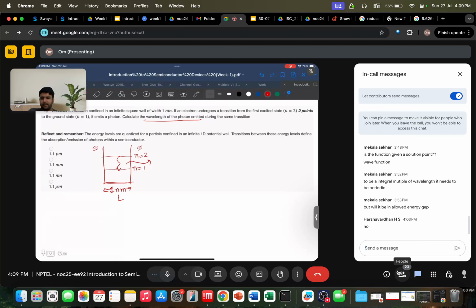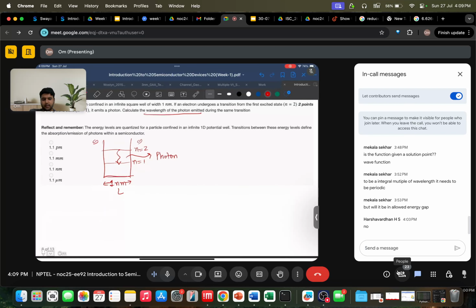Okay, so we are emitting a photon here. So basically what we need to do is find the energy difference between these two to find the wavelength of the photon. For a photon, energy is hc by lambda, right?